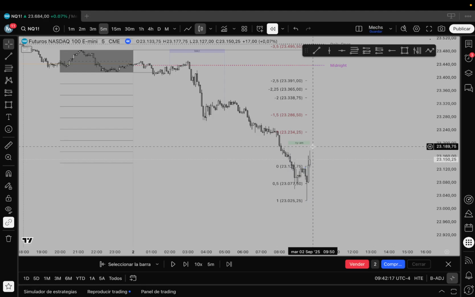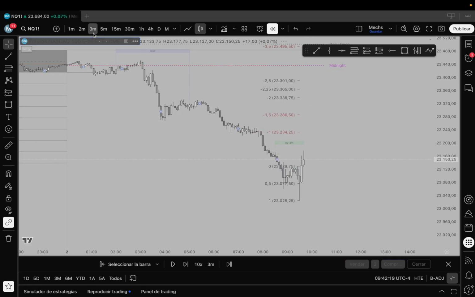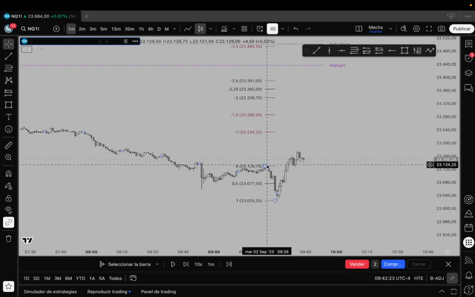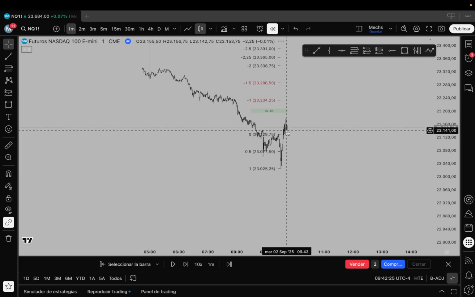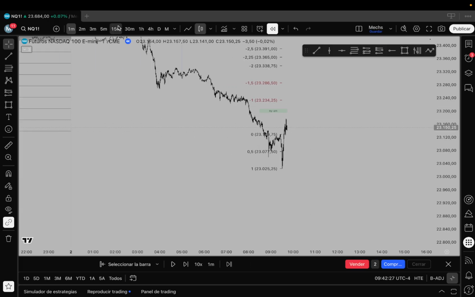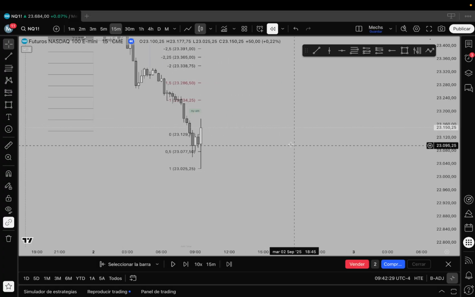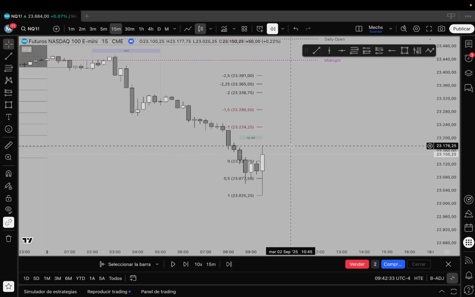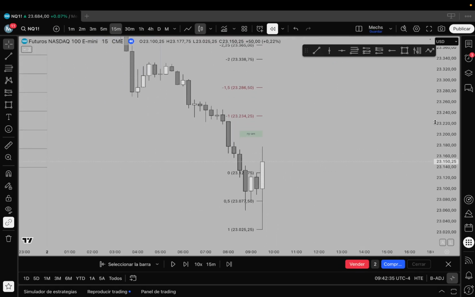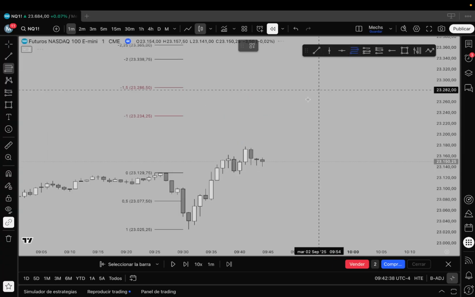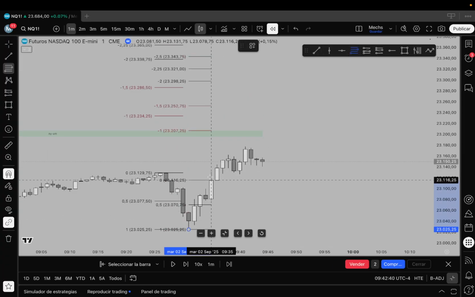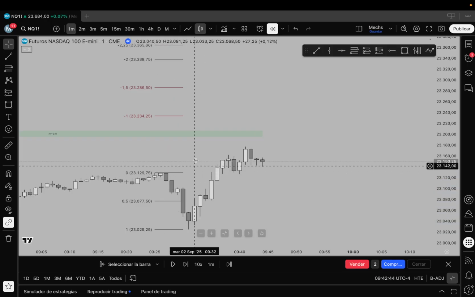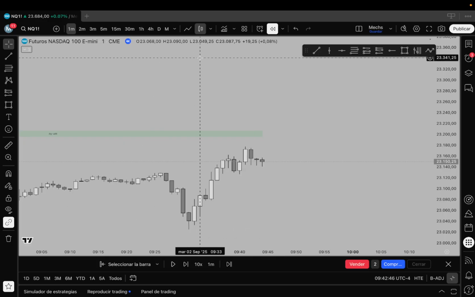And yeah, manipulation. Also view scale. I mean, you can scale down to the 1 minute. Okay, anyways, let's keep this day.